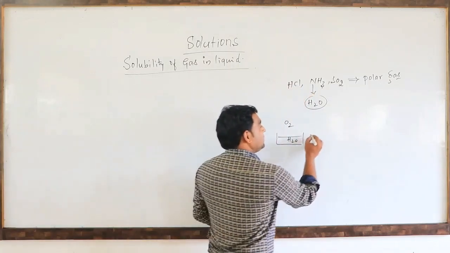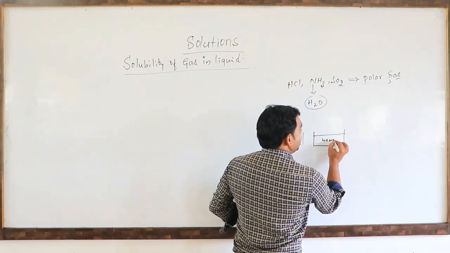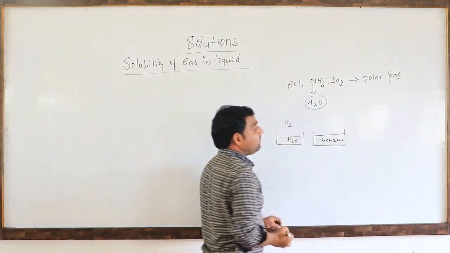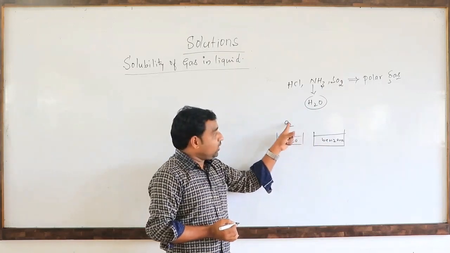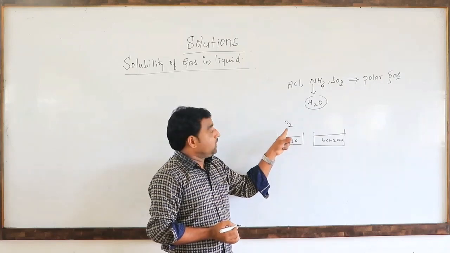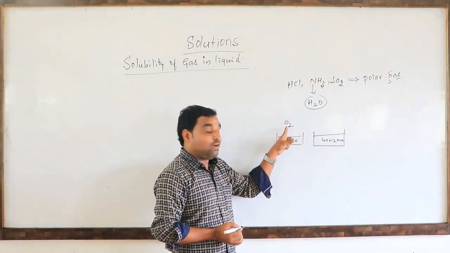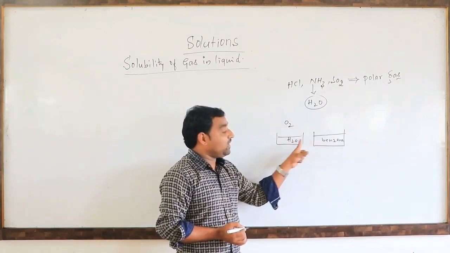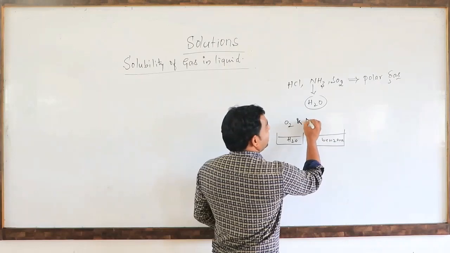And if you dissolve this oxygen in a solvent like benzene, it has a different solubility in benzene than it has in H2O. It means the same gas has different solubility in different solvents.